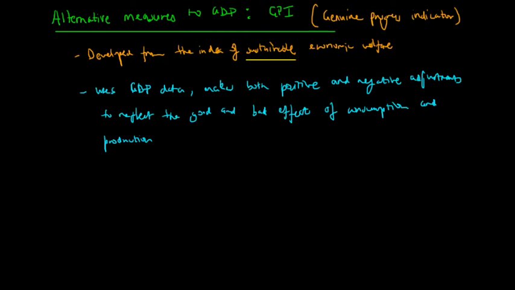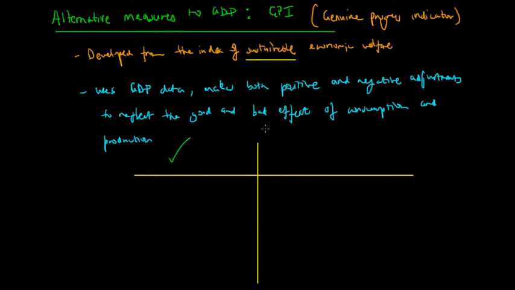So what are the positives of the GPI? So let's look at the positives and negatives of the GPI. Positives, we'll look at a tick, and negatives, we're going to go with a cross. So the positives is that it is also a dollar figure.